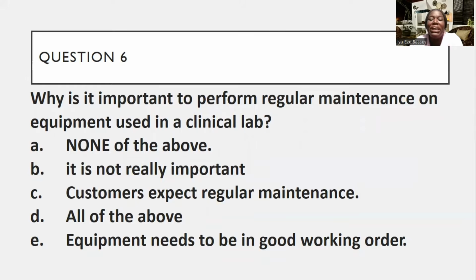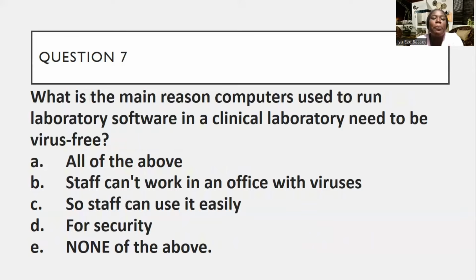E, equipment needs to be in good order. When you're working in the lab, what you want to produce is accurate, precise, and reproducible results. If your equipment is not in good working order, you will not be able to achieve this goal. So you are carrying out regular maintenance on equipment because you need your equipment to be in good working order.